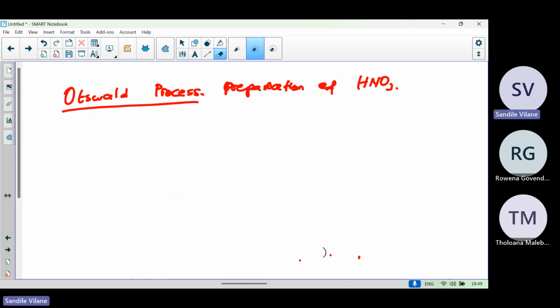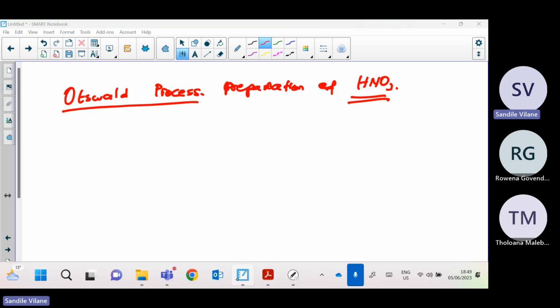It has certain steps that they have to follow. And then this nitric acid will be used in fertilizers. One of the many industrial uses of nitric acid is preparation of fertilizers.